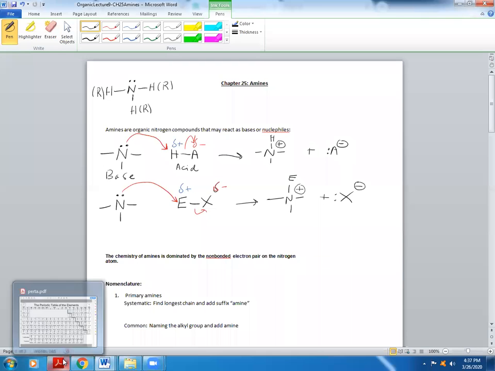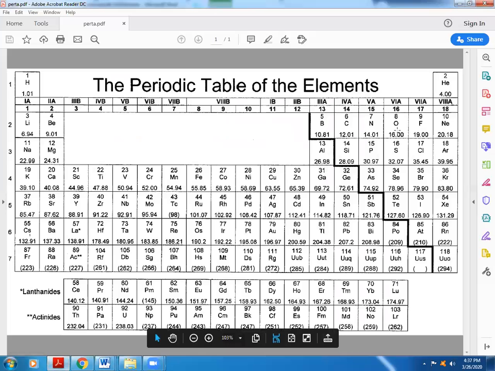Well, let's look at our periodic table. If you notice, the electronegativity increases from left to right. So we know the closer you get to fluorine, the more electronegative it becomes. So fluorine is the most electronegative, followed by oxygen, and then followed by nitrogen. So nitrogen is less electronegative than oxygen, which means it has a weaker hold on its lone pair.